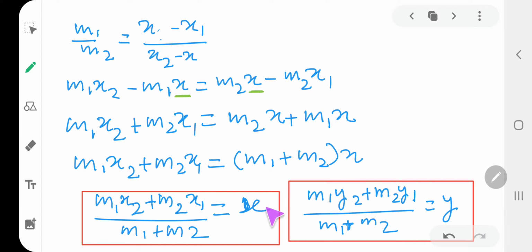Therefore the formula for finding the x coordinate, that is the abscissa, is m1 x2 plus m2 x1 upon m1 plus m2. Similarly, we can write the formula for y: m1 y2 plus m2 y1 upon m1 plus m2.